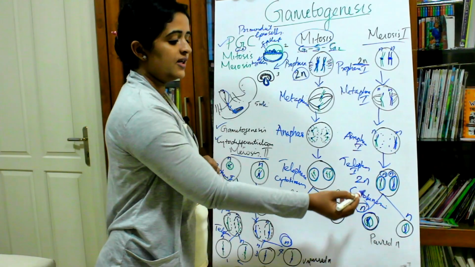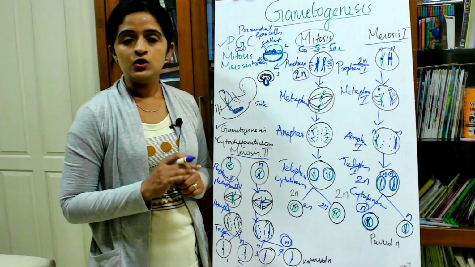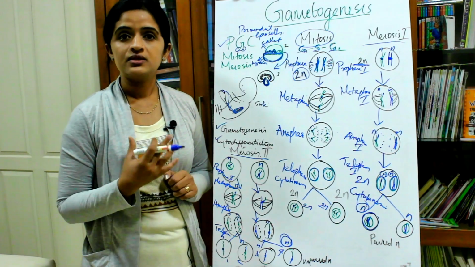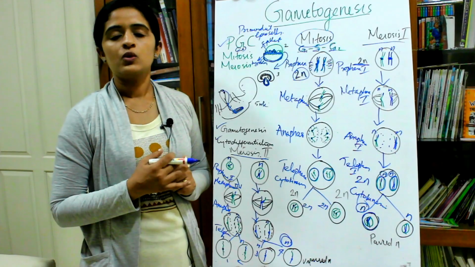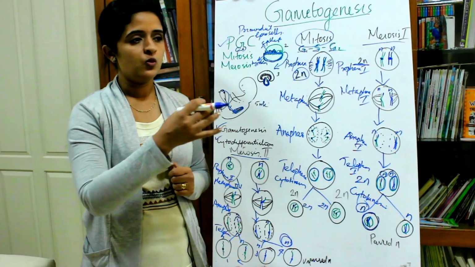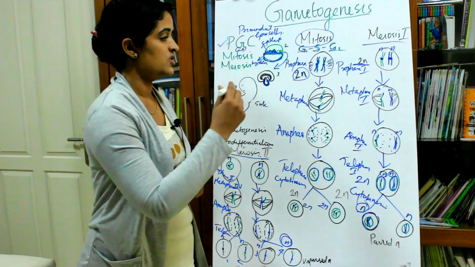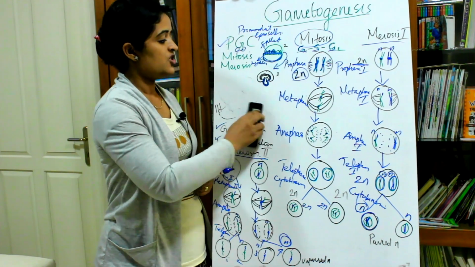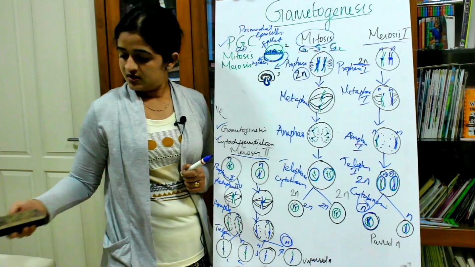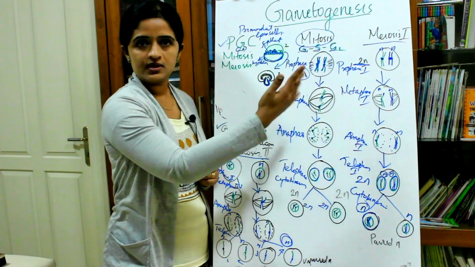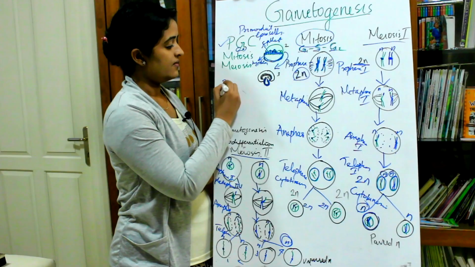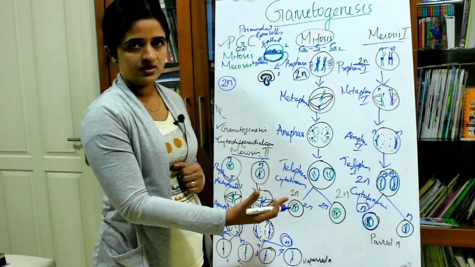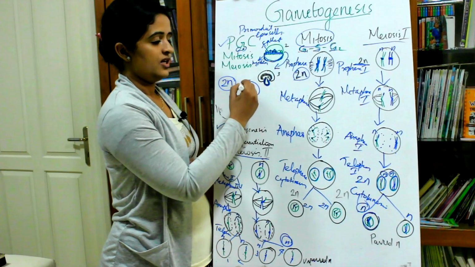If this is not happening like this, what will happen? You will be getting gametes with 2n, that is diploid set of chromosomes. So what will happen after fusion? Just imagine one gamete, due to some defective meiotic division, is having 2n as the byproduct of the meiosis, and the other gamete is normal.